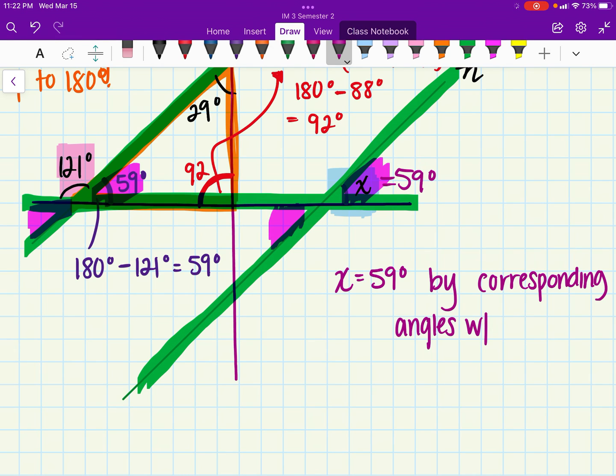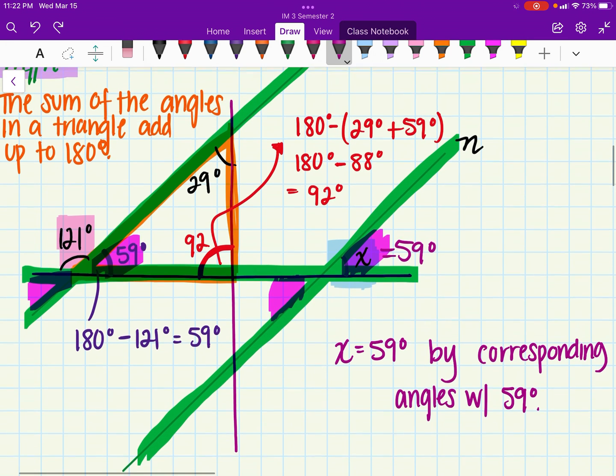Or I could have also said that it's a vertical angle from this one, or that it's an alternate exterior from those. So there's a couple ways to determine how they're the same.